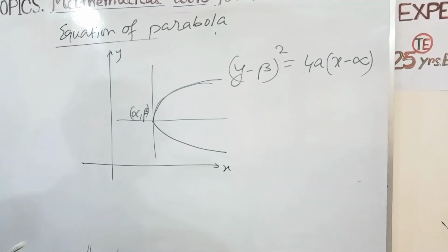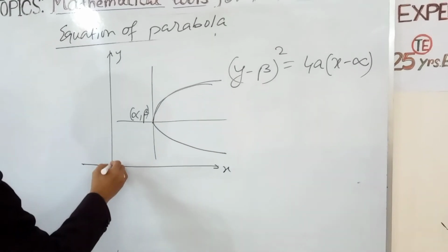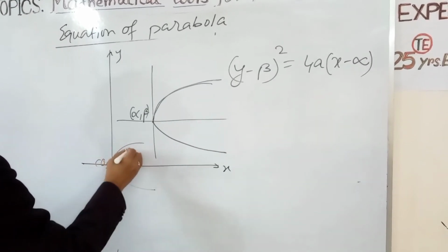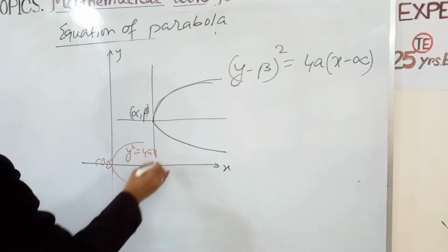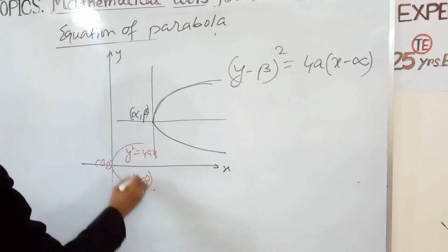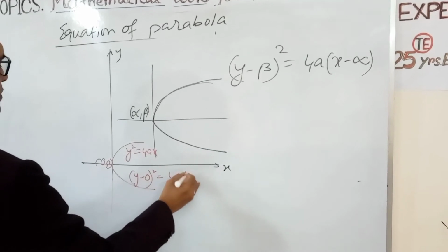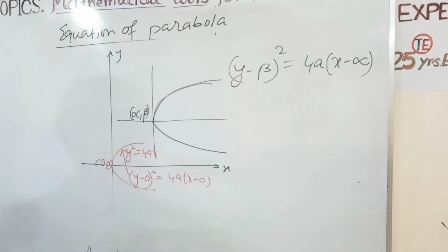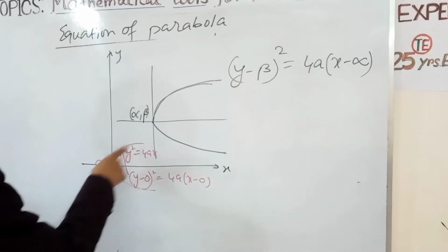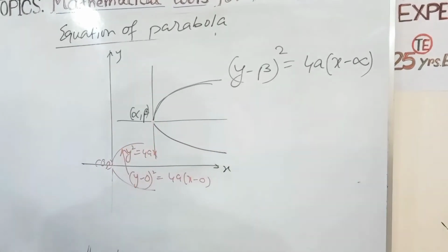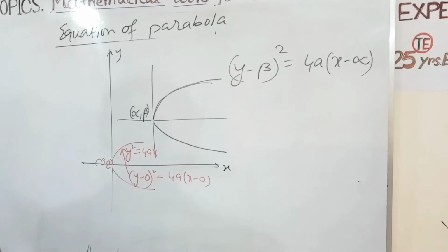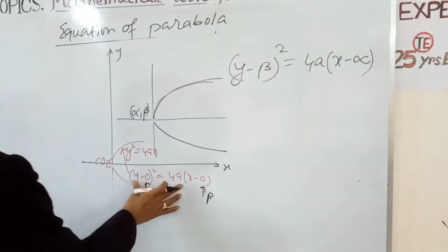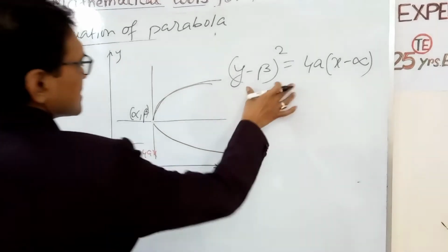If y square equal to 4x, this can be written as y minus 0 whole square equal to 4 times x minus 0. Now if the vertex is at the point alpha beta, then the equation will be like this. Just put alpha beta in this place. This is alpha and this is beta. So we get this equation in this form.